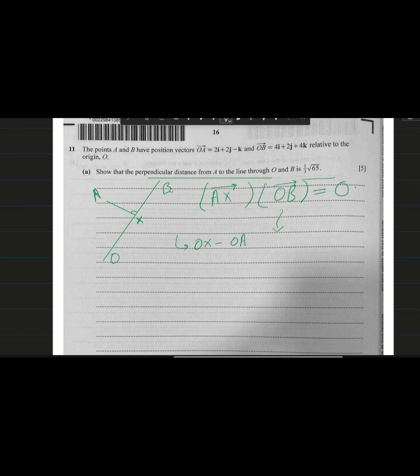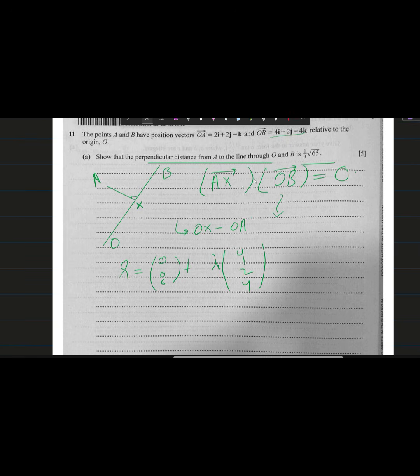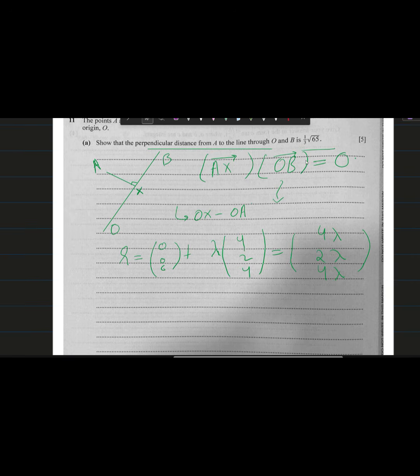Now OX lies on OB, so the vector equation of line OB will be equal to 0 0 0, since it starts from the origin, plus lambda into 4 2 4. So the coordinates of OX could be 4 lambda, 2 lambda, 4 lambda.